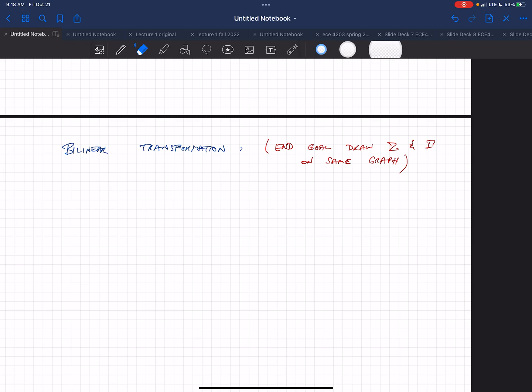So Z I'm going to write as a complex number, and gamma is also a complex number.